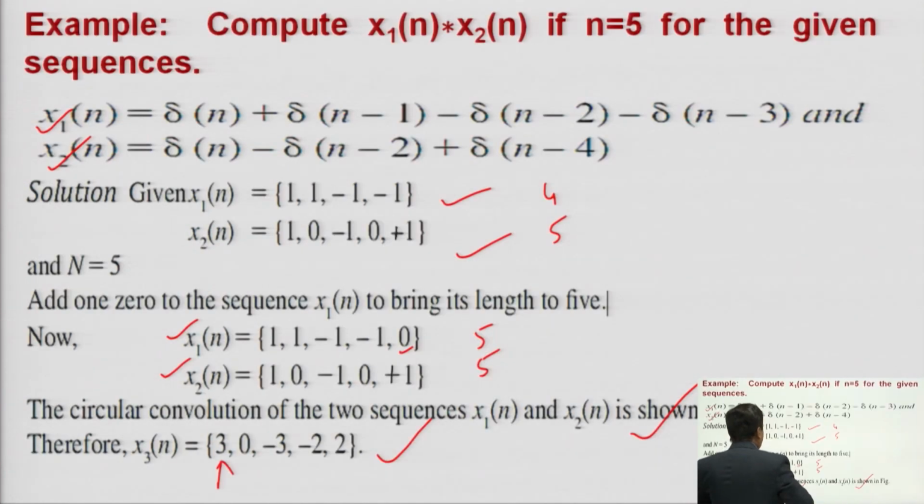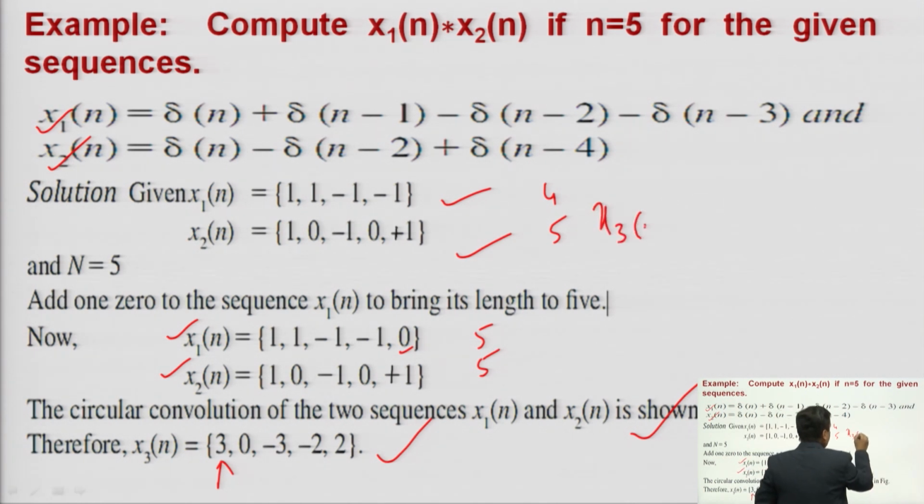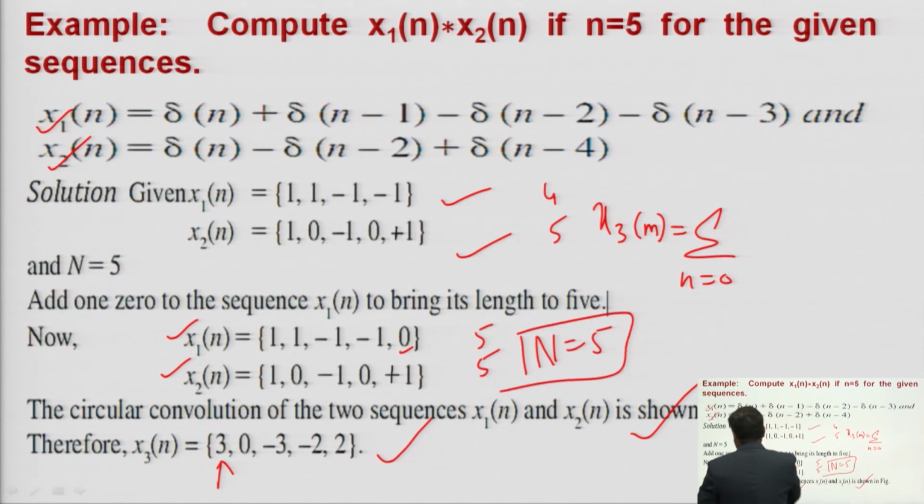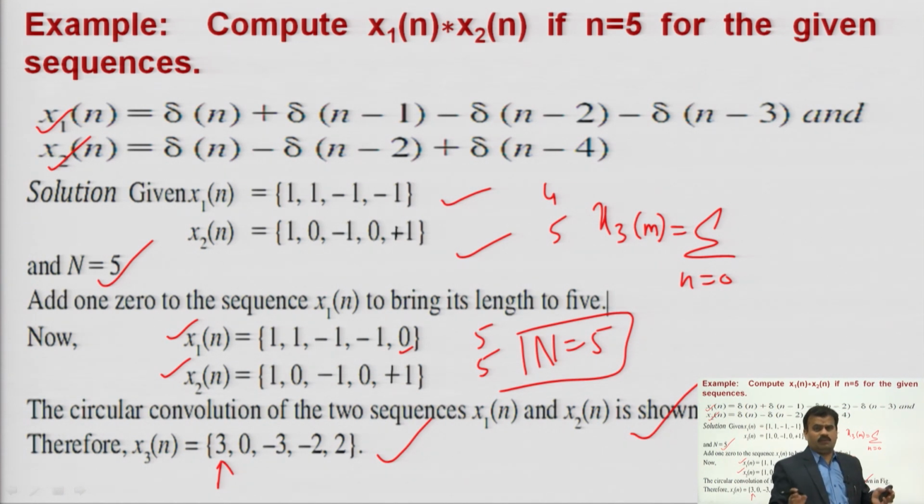Now at m is equal to 0, what is the formula? You know the formula: x3 m is equal to the summation from n equals 0 to N minus 1, where capital N is equal to 5, as given in the question. You can calculate circular convolution only when the lengths of both sequences are the same.